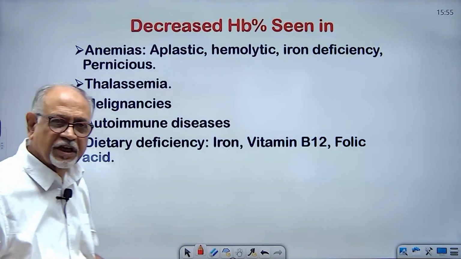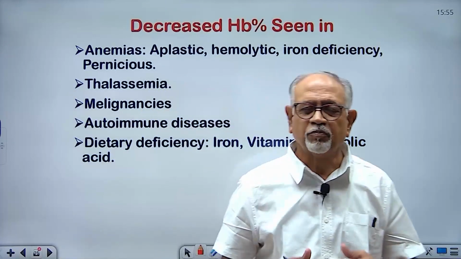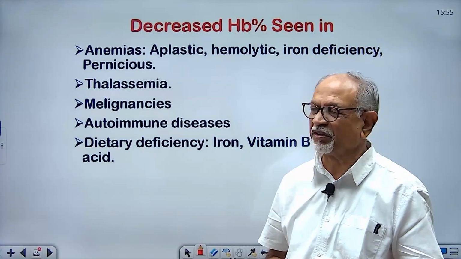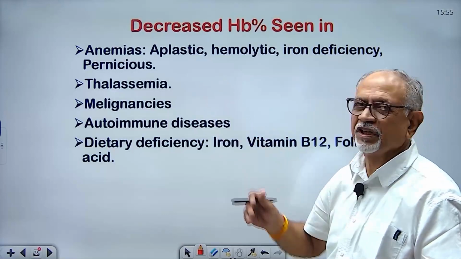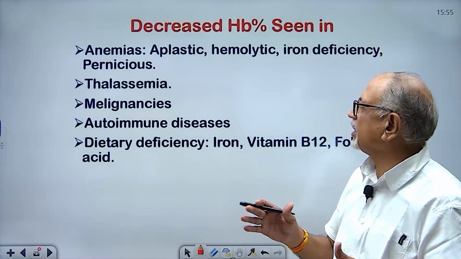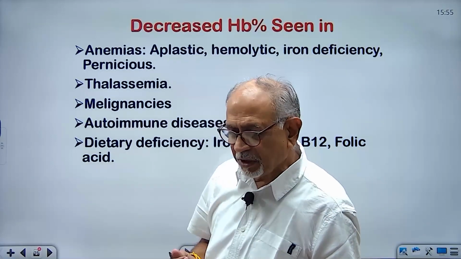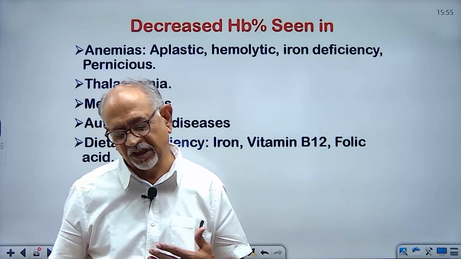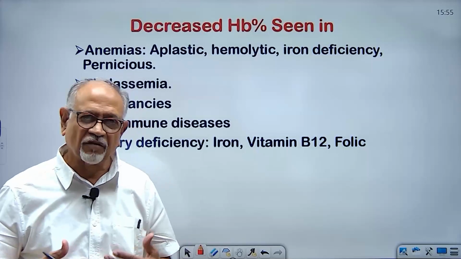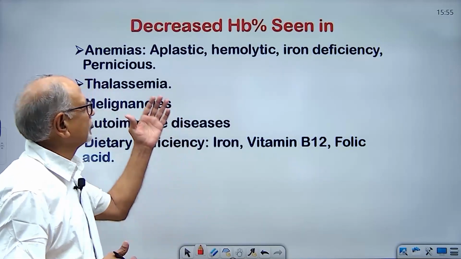Now, here are the cases in which the percentage of hemoglobin decreases. One is anemia. In anemia like aplastic anemia, when the formation of blood cells in bone marrow is affected, it is called aplastic anemia.